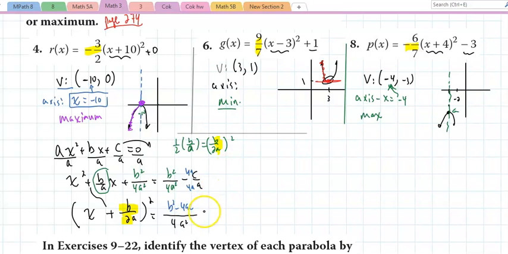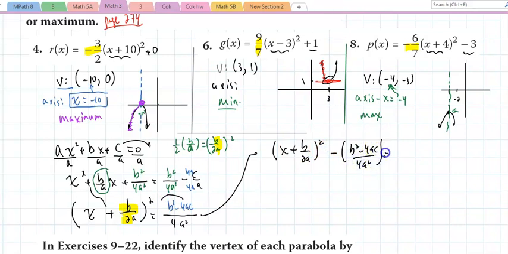And if you really think about it, I could solve now and get the quadratic formula. That's not the purpose of this problem. The purpose of this problem is really getting the equation in standard form. And you notice the vertex is the opposite of this.